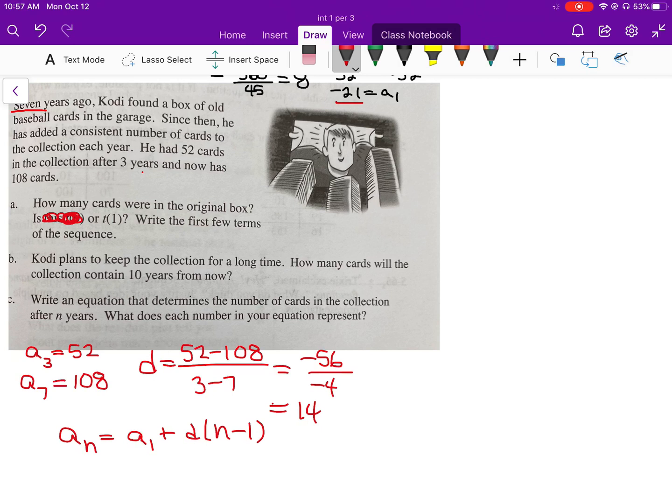So where's the 52 going to go? That's kind of like our output, which is what we're looking for. So it's 52 equals A sub 1 plus, what's the D? 14. What's the N? 3 minus 1. So when you pick which one you're using, this is the N, and this is the A sub n for substituting.